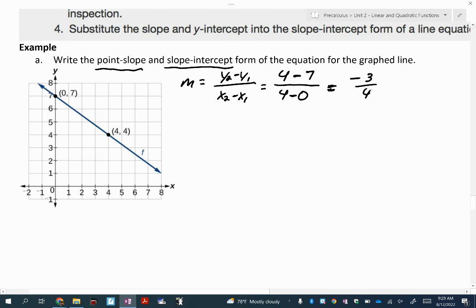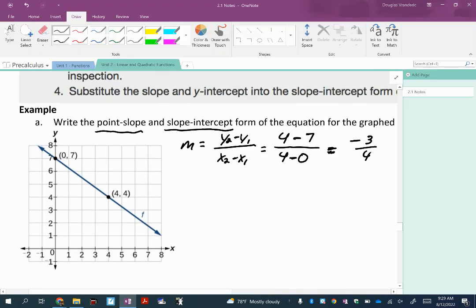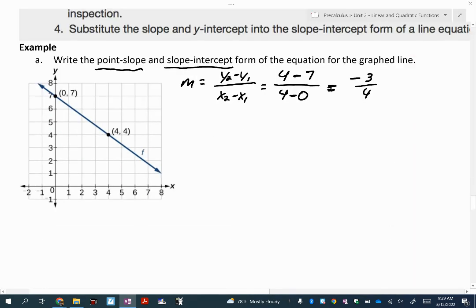You could have also, if you wanted to, counted this on the graph. They are giving you a graphical display. So if I count my rise, which is actually down, so this would be 1, 2, 3 down, so negative 3. And my run is 1, 2, 3, 4 to the right. That would be my negative 3/4. So you can do it by using the graph too, if that works for you.